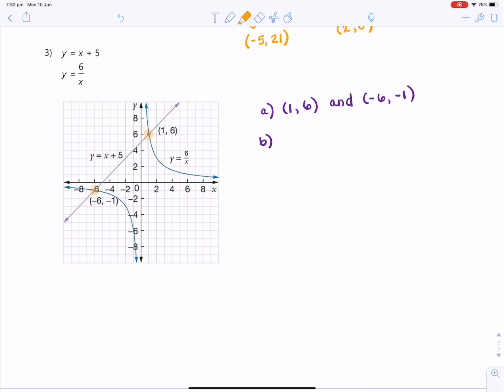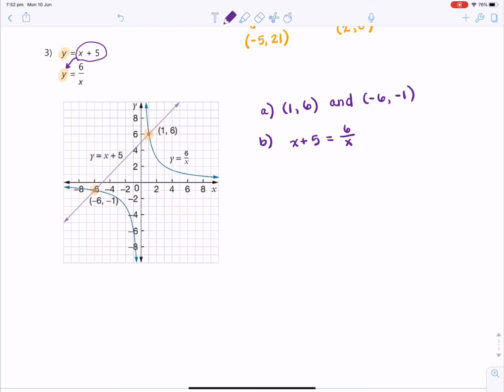Looking at our equations, we see that both equations have y isolated. So we can take the expression that's equal to y in the first equation and substitute it for y in the second equation. That's going to leave me with x plus 5 equals 6 over x.